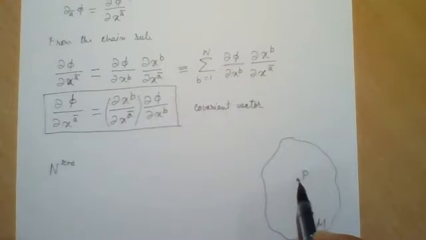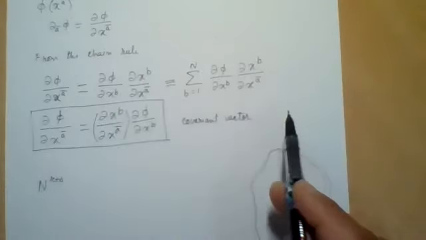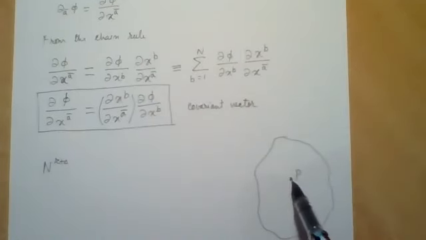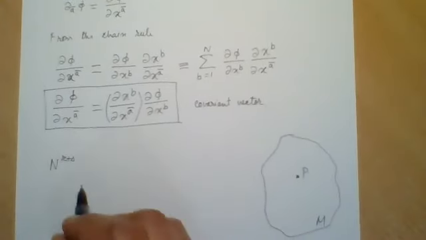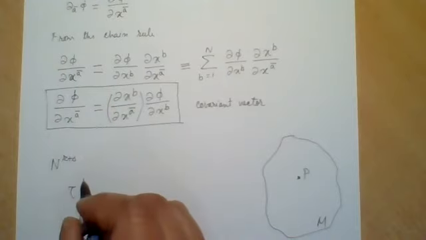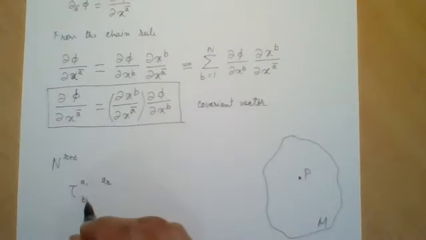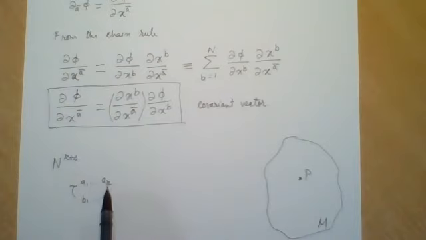The object is represented by tau with superscripts a1 to ar and subscripts b1 to bs. So there are r superscripts and s subscripts.